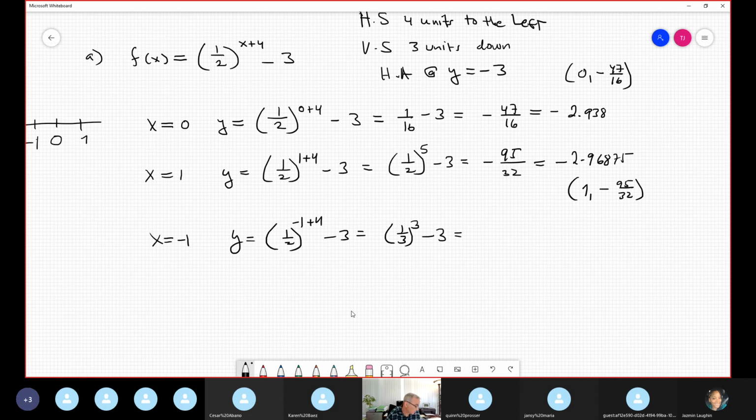It's 1 over 8, and when you put it together, it's minus 23 over 8, which in decimal is negative 2.875. And the point is negative 1 comma negative 23 over 8. Okay, and also we have 3 points in my hand.